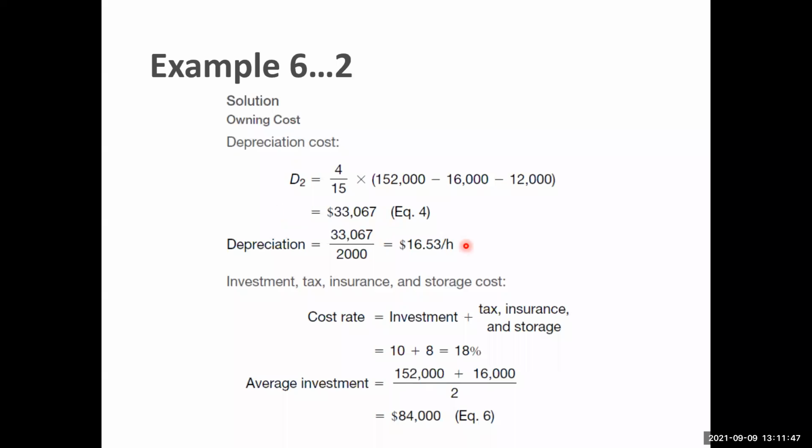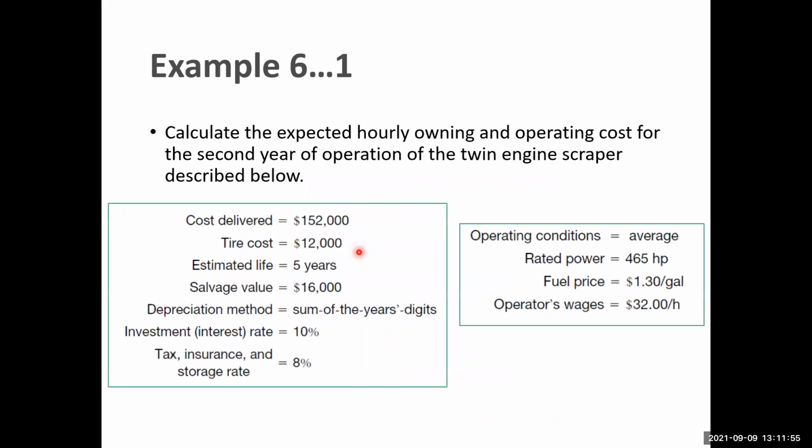The hourly depreciation will be $33,067 divided by 2,000 hours, because we assume we will use this machine for 2,000 hours per year. It is not stated explicitly, but it is normal operation.